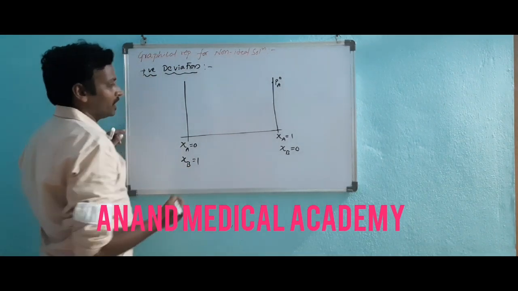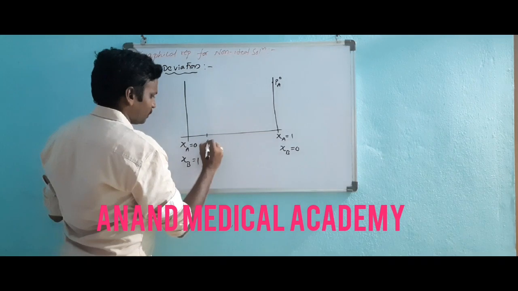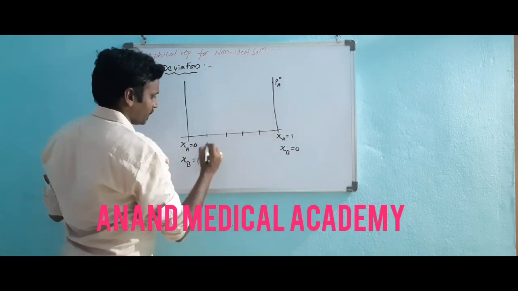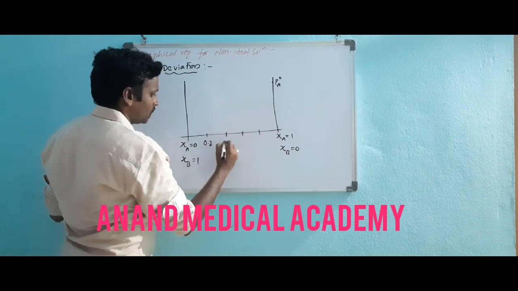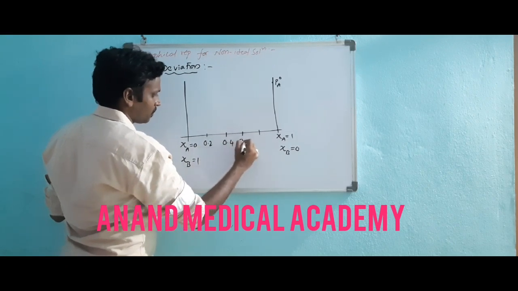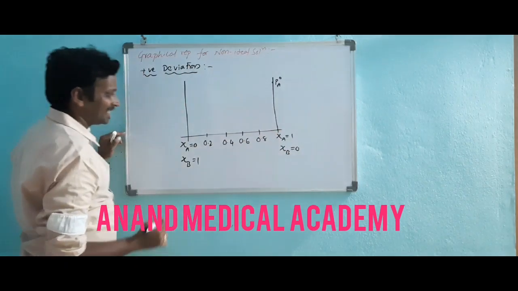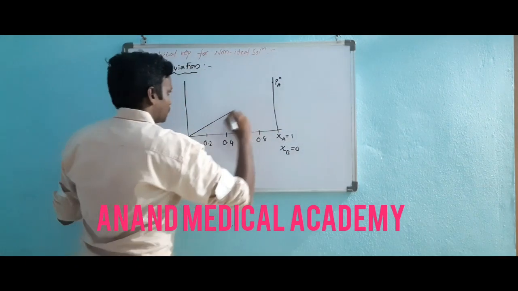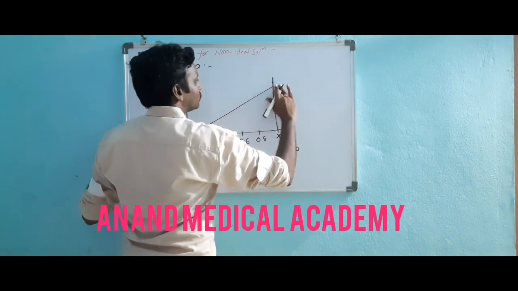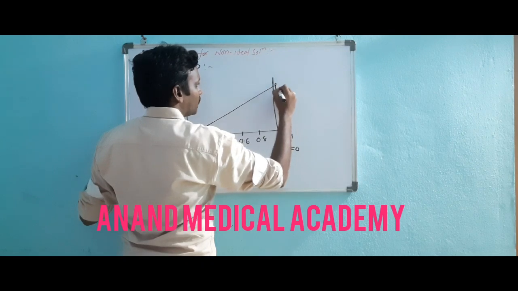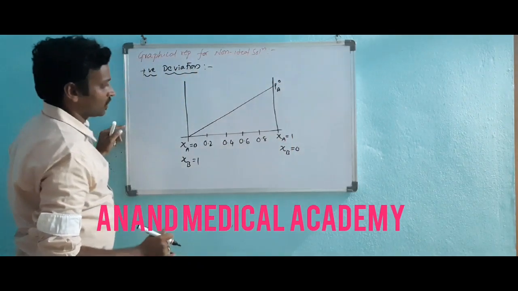As I told you previously, same story. Here you have 0.2, 0.4, 0.6, 0.8. The mole fraction of A is increasing, so the graph is like this. Here you have PA naught.